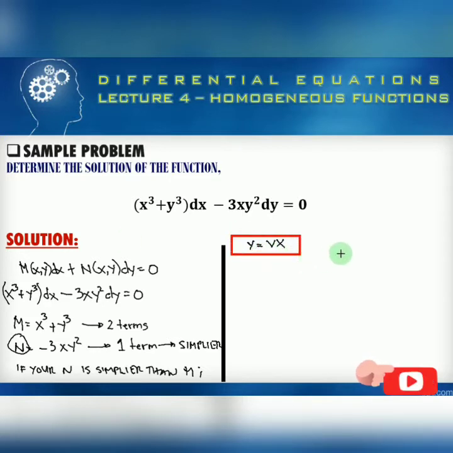If you take the derivative, dy, the derivative of y, equals b times the derivative of x, plus x times the derivative of b. You're going to use this in our calculation later.